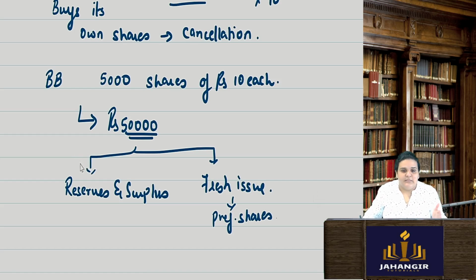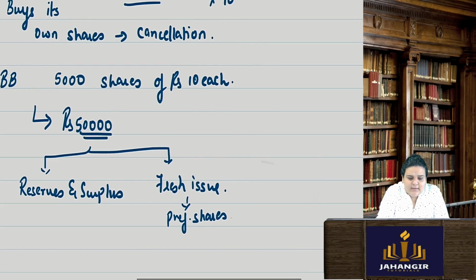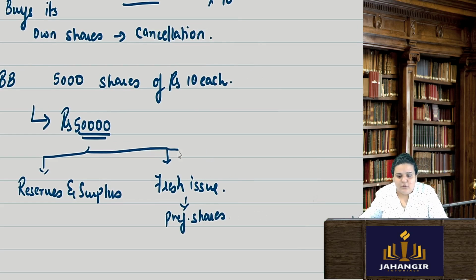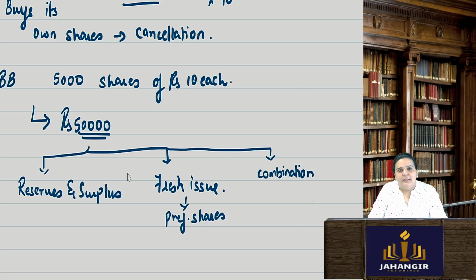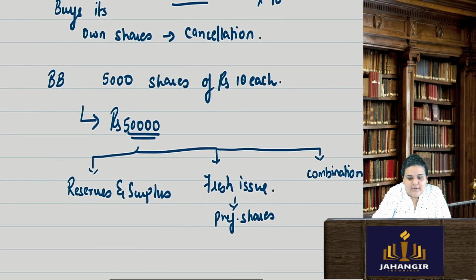If not from reserves, they can make a fresh issue of some other class of shares. And if wanted, they can even use a combination of both. Some from fresh issue, some amount they can buy back with the help of reserves.